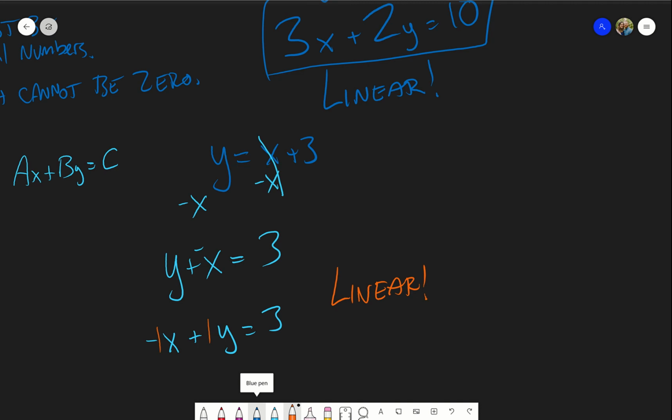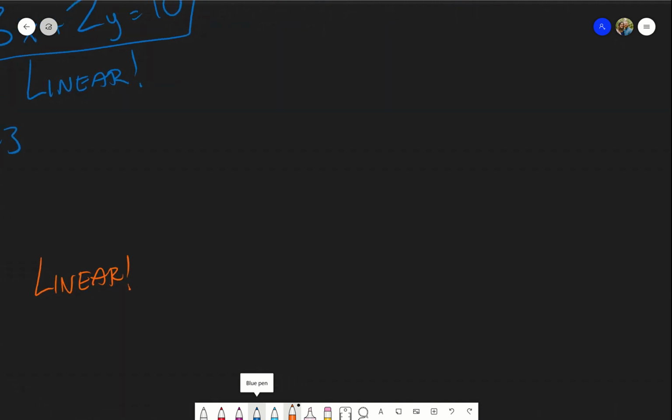All right, what if I had something like y equals 4x minus 3, divided by 2? Is this linear? Well, let's find out. We're going to times 2 on both sides.